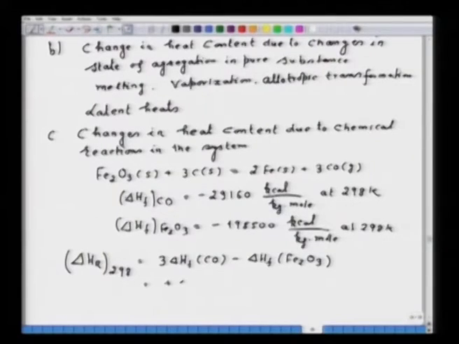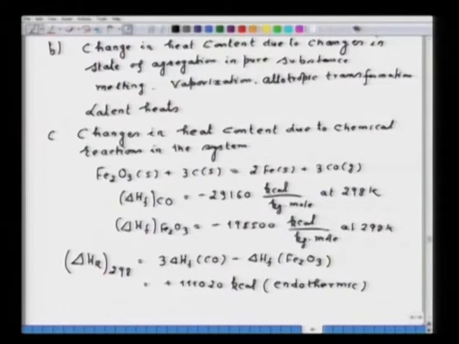So, the answer would be plus 111,020 kilocalorie. Now, this reaction is highly endothermic. This reaction will have 111,020 kilocalorie, you can say per kg mole of Fe2O3 or per kg mole of carbon or per kg mole of iron, whichever way you want to say. So, that is the calculation of the heat of reaction.